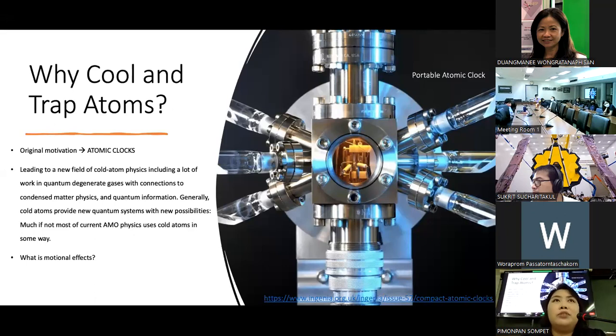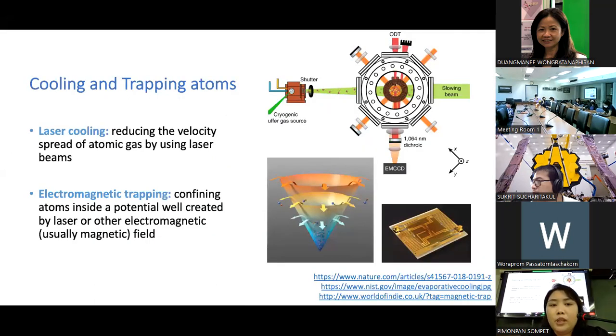When you want to sync time in a network, you also need a clock, right? So having a very precise clock was the initial idea to start cooling. If you want to cool them down, we want to slow the atoms because of the motional effect.